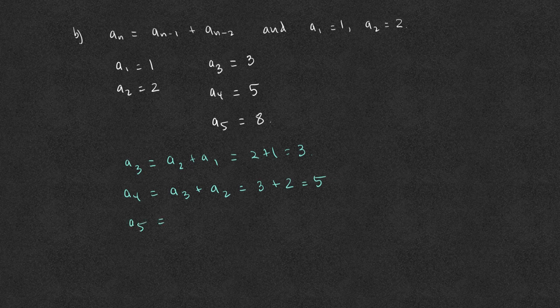And a sub 5 equals a sub 4 plus a sub 3, but a sub 4 is 5 and a sub 3 is 3. And that's how we got 8. Now, how do we know that this is a sub 4, a sub 3? For a sub 5, this is because when n equals 5, n minus 1 is 4, and n minus 2 is 3.